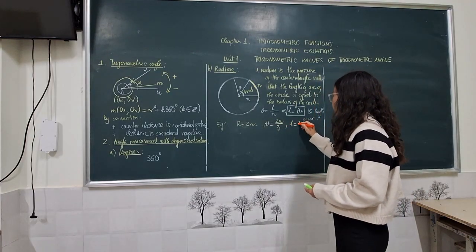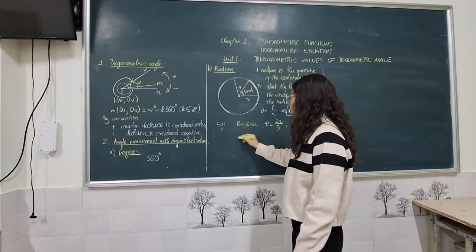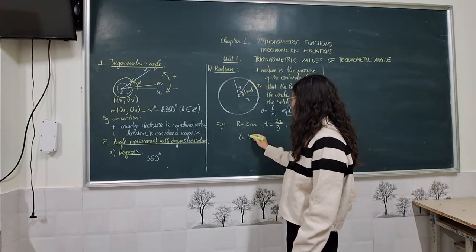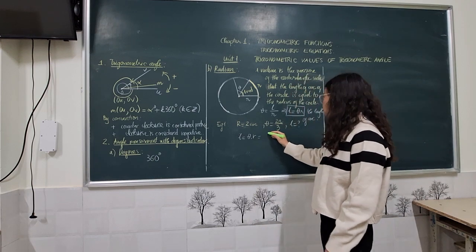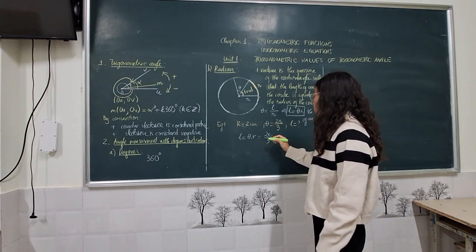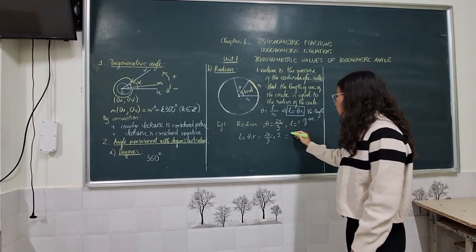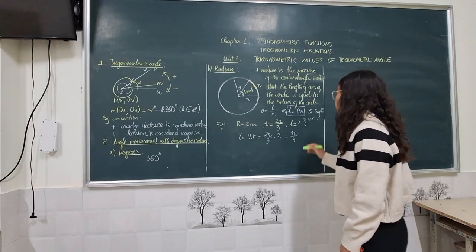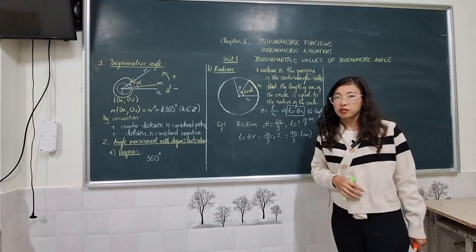To use the formula, the length of arc equals theta times the radius r. So we have 2 pi over 3 times 2 equals 4 pi over 3 centimeters. That is the length of arc.